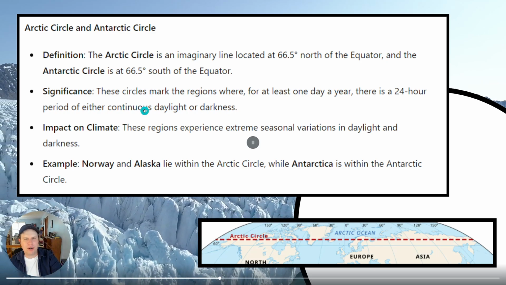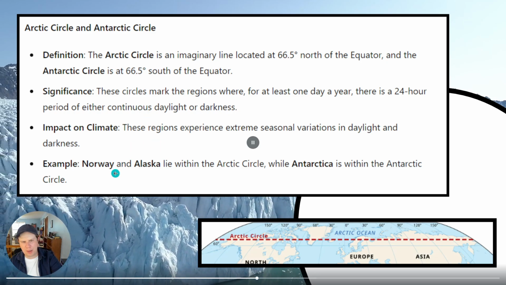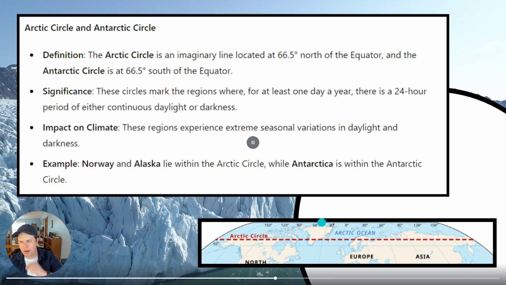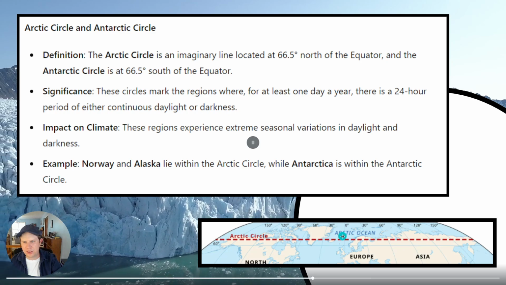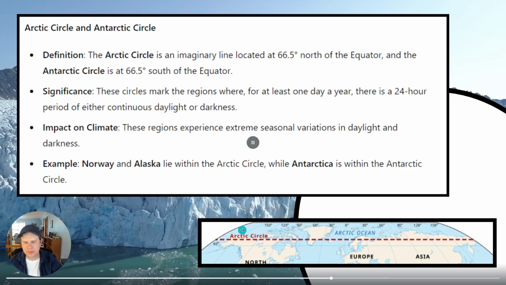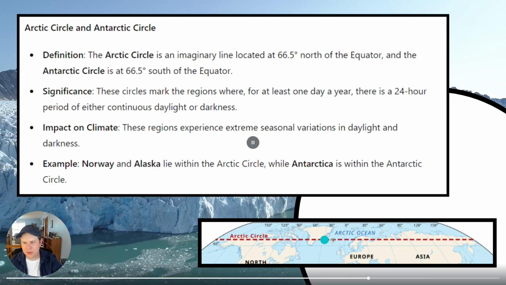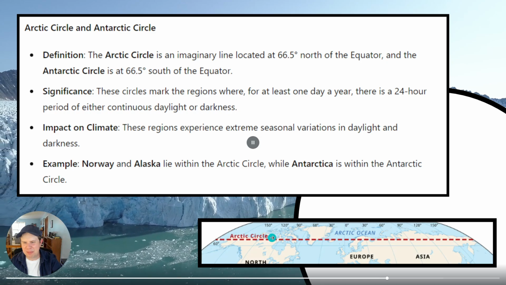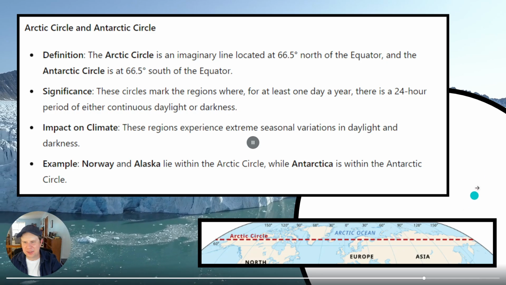These regions experience extreme seasonal variations in daylight and darkness. So, for example, Norway and Alaska lie within the Arctic Circle, while Antarctica is within the Antarctic Circle. You can see down here the Arctic Circle. Over here, extremely north, you're getting bits of Canada and bits of Norway, etc.